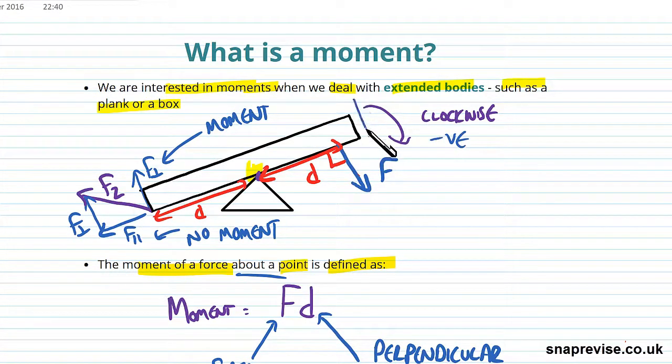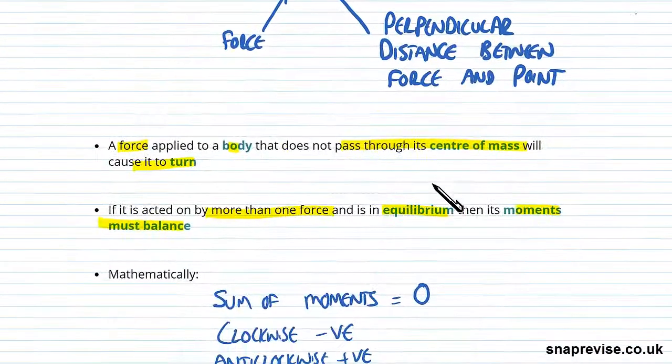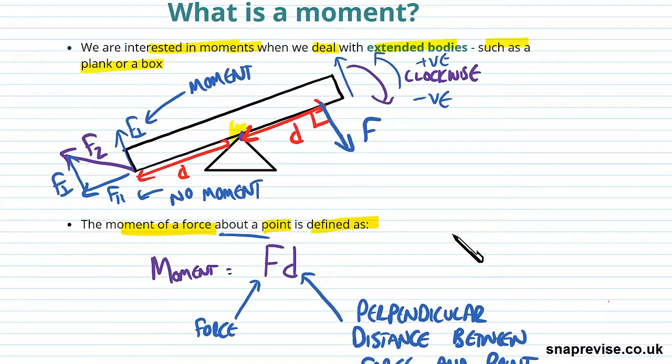If we were to have the force the other way, that's going to turn it that way, and so that becomes positive. So any force that makes it turn as if it's a clock, clockwise, is going to be negative, and any that makes it turn the opposite way, you can literally just think about if this were a clock, how would it look? If it turns like that, it's negative. If it turns like that, then it's anti-clockwise and it's positive.